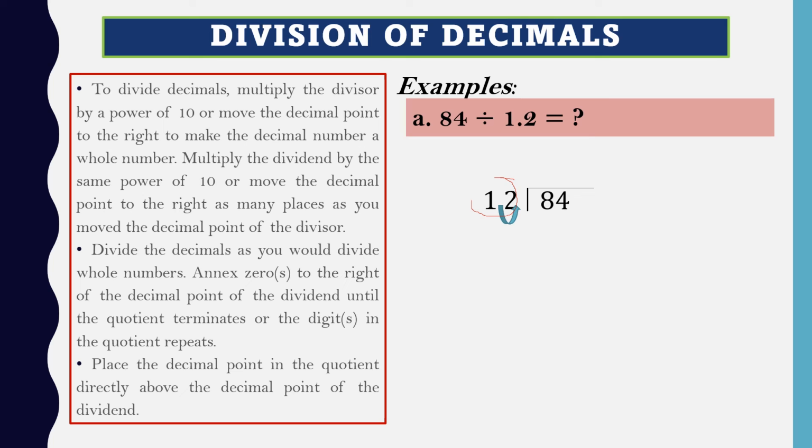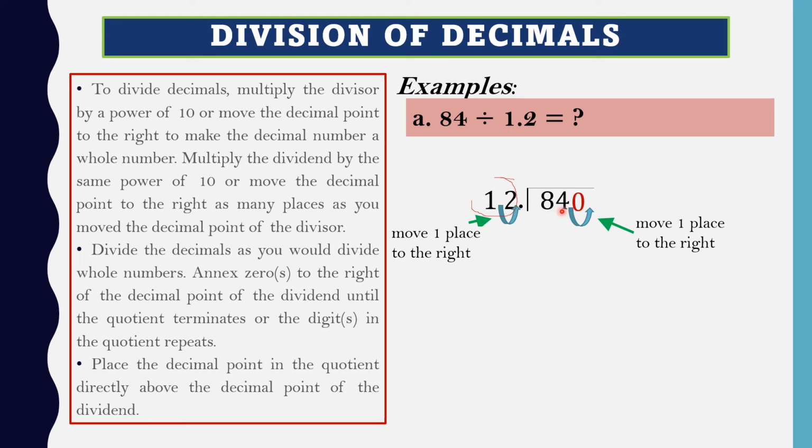So how do we do that? We move our decimal place to the right. Okay, since we are moving it one place to the right, we will also do that with our dividend. Okay, and since there is no digit here in the last part, we have to annex a 0. Okay, now we are dividing 840 by 12.